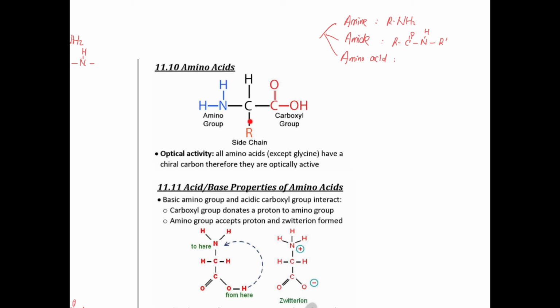Because of that, glycine does not have a chiral carbon, as this carbon is stuck to two hydrogens. Glycine has no optical activity. But other amino acids, yes. Other amino acids are where the R is something else, which is not hydrogen. Then they have a chiral carbon, and therefore they are optically active. Okay, so let's move on.